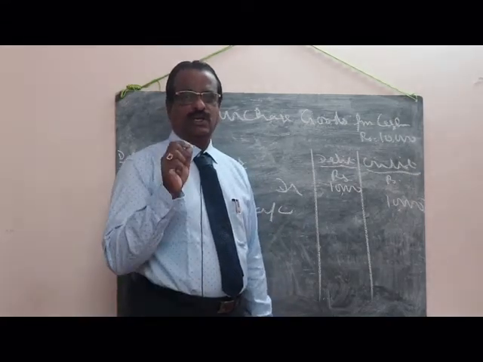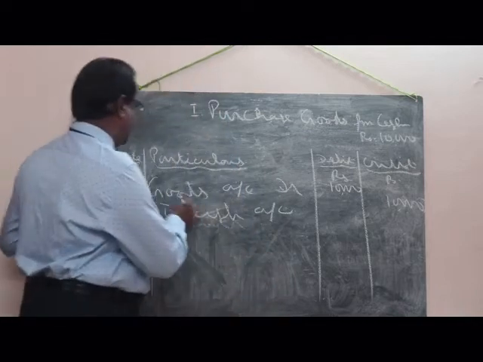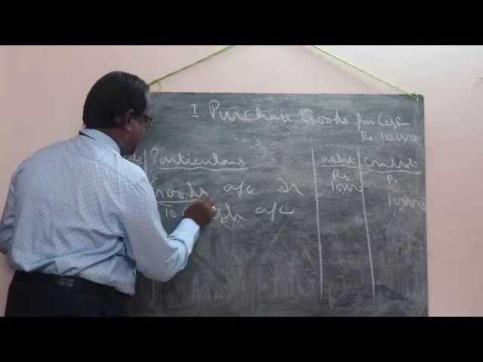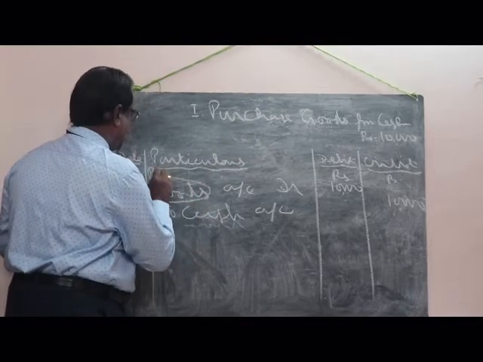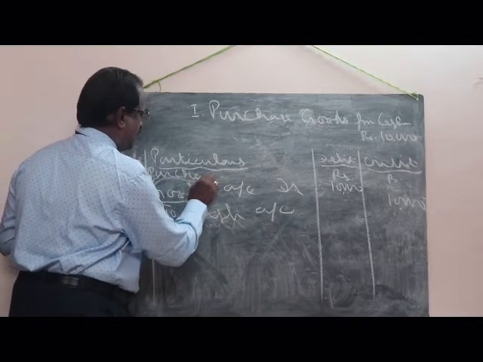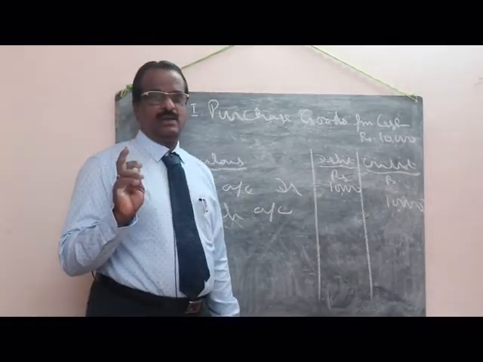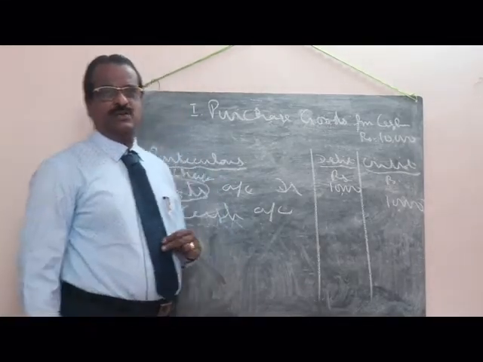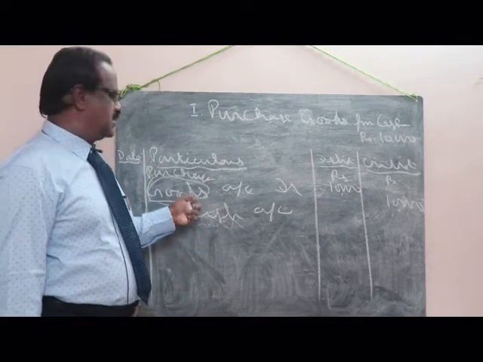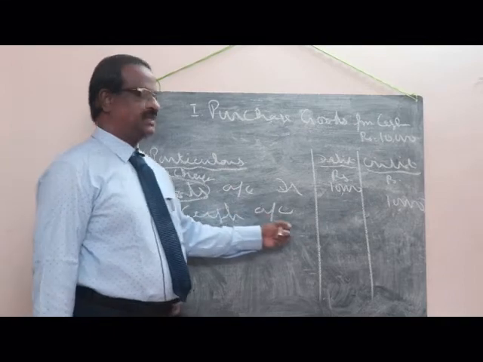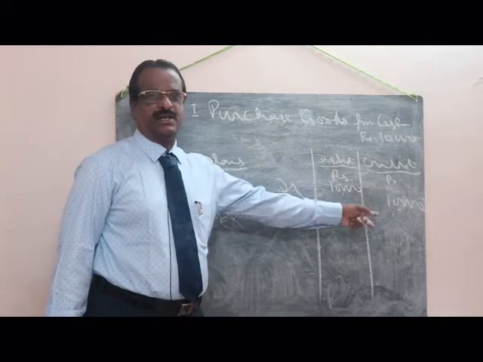Here, what are you doing? Purchase. So you must write here purchase account debit. You won't write goods. In terms of goods, you must write purchase. So purchase account debit to cash account. 10,000 debit, 10,000 credit.